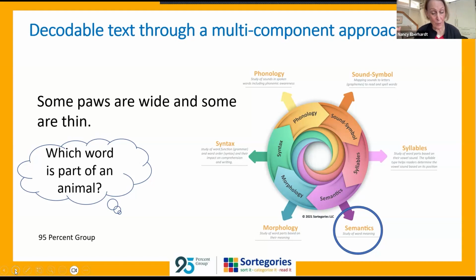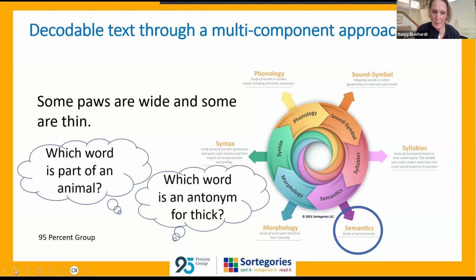This is like what we were doing with Categorize It, where we're now trying to think categorically. So we would want students to identify within that sentence, some paws are wide and some are thin, the word paws. We might also say, can you think of another part of an animal?